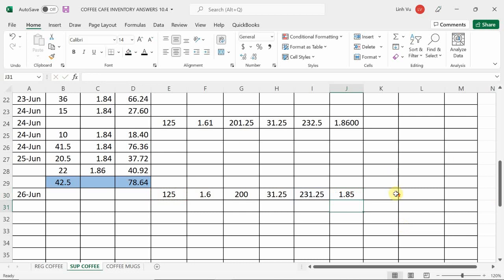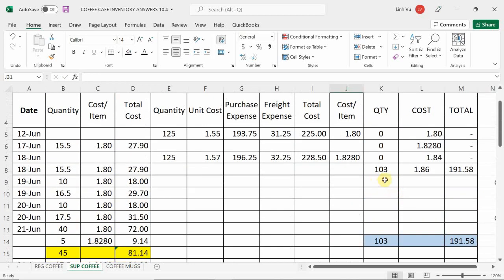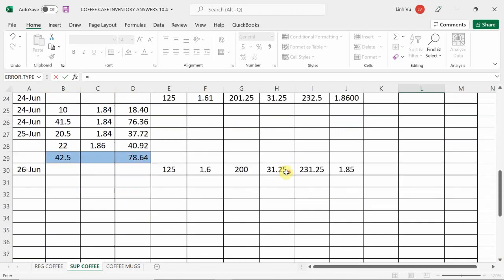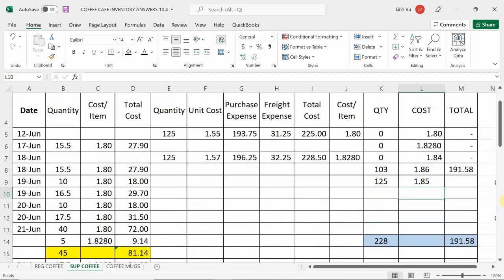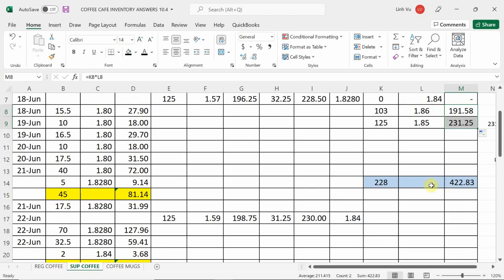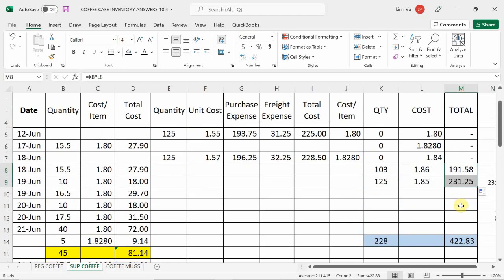Okay, and we're going to plug that into our inventory batch here. Okay, giving us a grand total of 422.83.